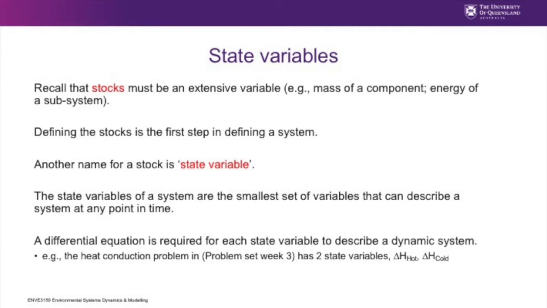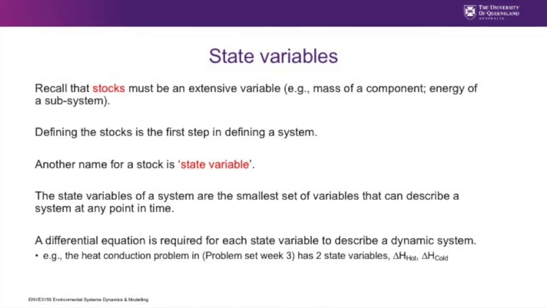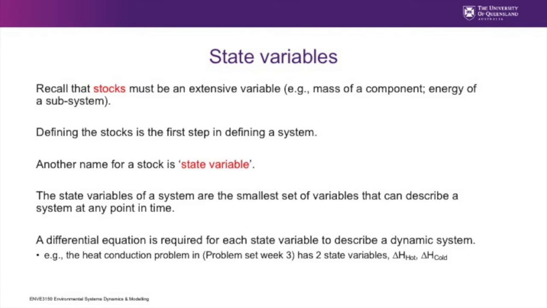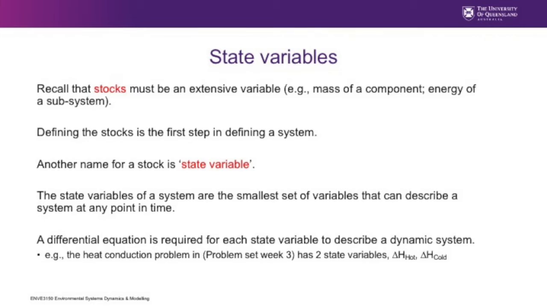So as an example, in the heat conduction problem from the problem set on week 3, we have two state variables, which were the enthalpy of the hot body and the enthalpy of the cold body. And then we also have the energy example from the project that we have gone through, right?